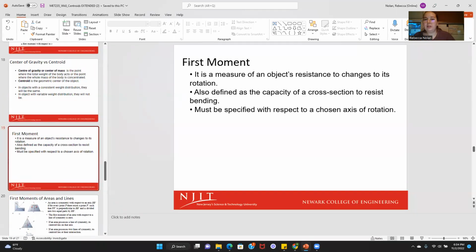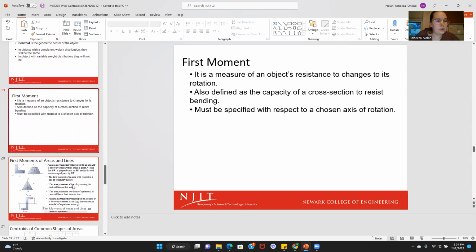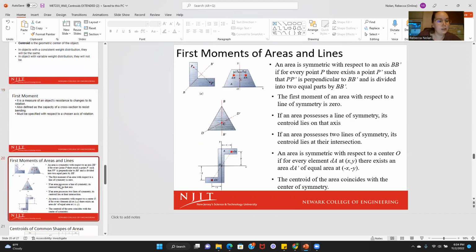So the first moment is that resistance based on the geometry of our cross section. Just like our moments are with respect to a point, our first moments are going to be with respect to an axis.